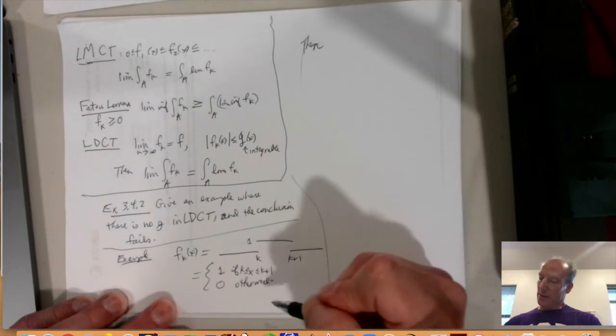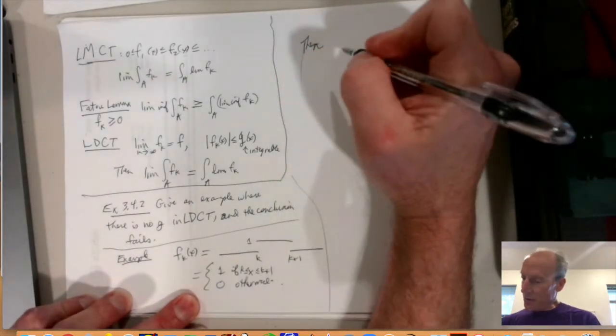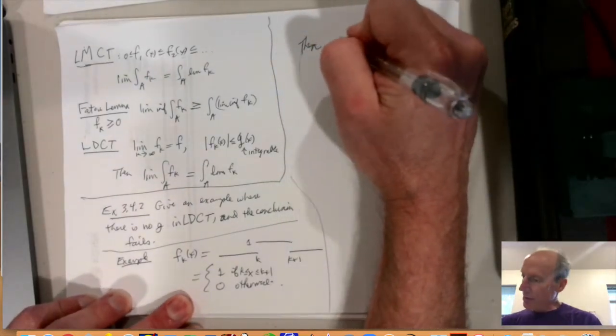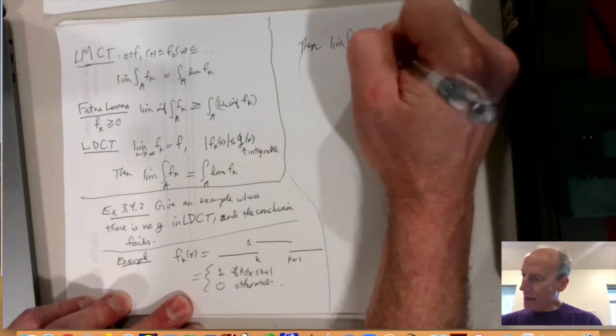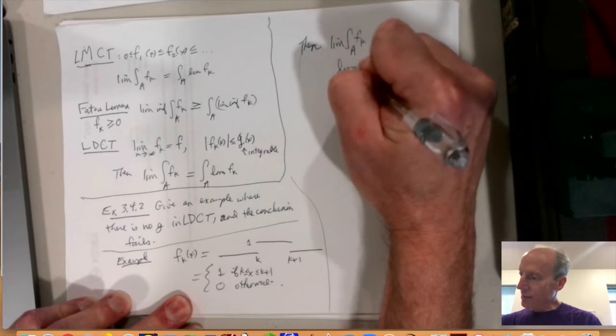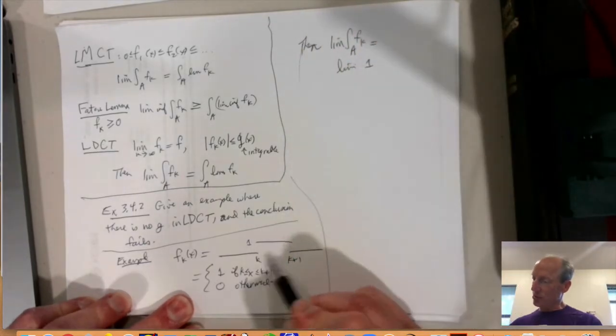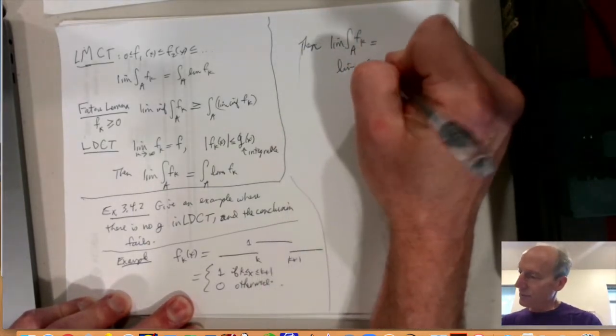Let's do each side of the equation. So the limit of the integral over A of fk would be the limit of just, it's always going to have area 1 underneath, which is just 1.